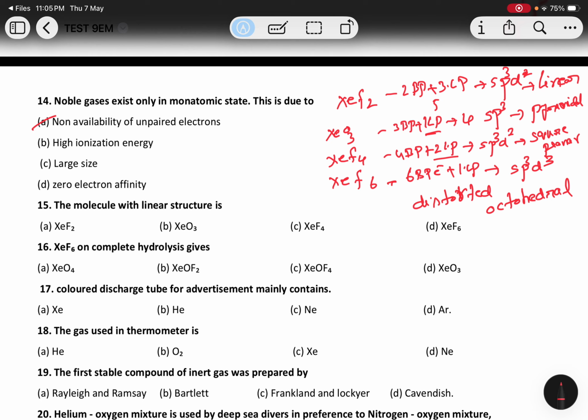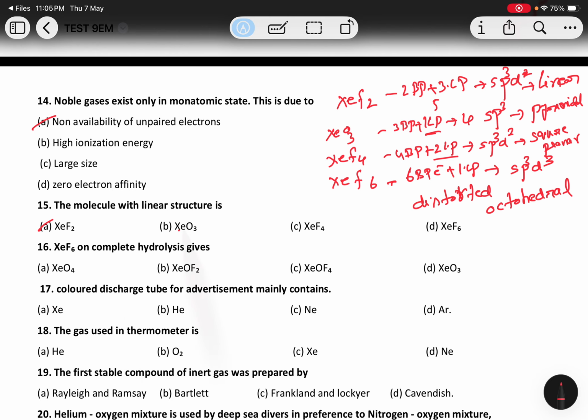Every time in EAPCET, JEE Mains and NEET exams, this type of question is asked about the structure, bond pairs and lone pairs. It is very important. So for this, you have to watch the hybridization trick video. It is very useful to you. The molecule with linear structure in the given options is XeF2.